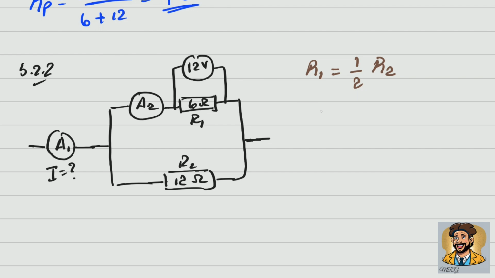Therefore, it means that the current that flows through the 12 ohm resistor is equal to half the current that goes through the 6 ohm. Okay, so let me repeat. Because the resistance of R1 is half the resistance of R2, as you can see there, it will get double the amount of current.